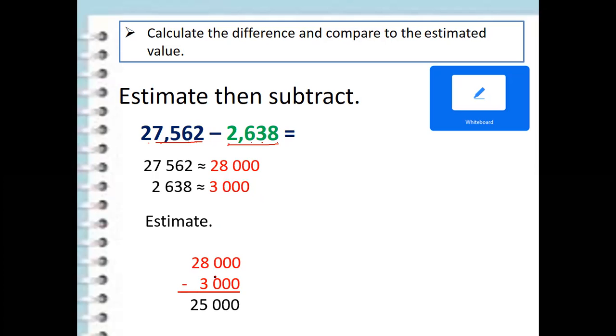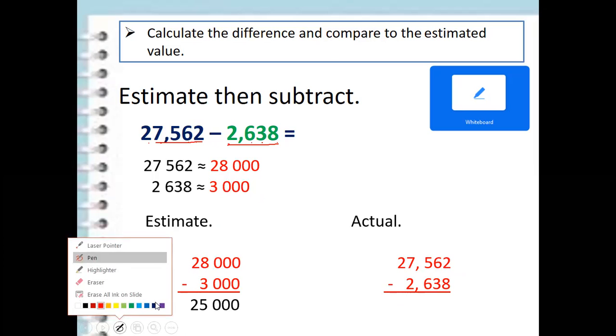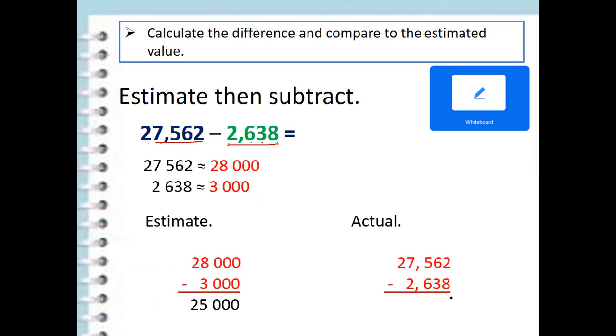Now let's see the actual difference. Let's subtract. We have 27,562 minus 2,638. Let's try to solve this. 2 minus 8: remember when you are subtracting, always put the bigger number first.